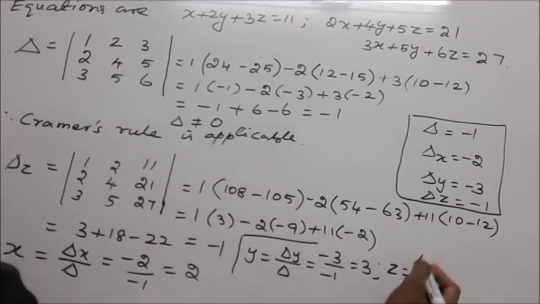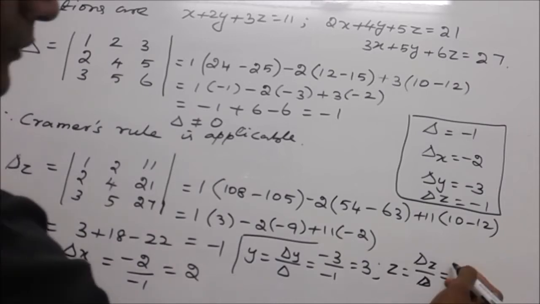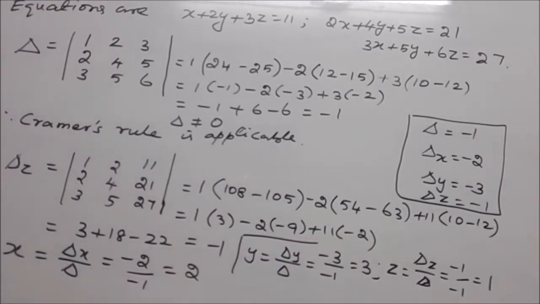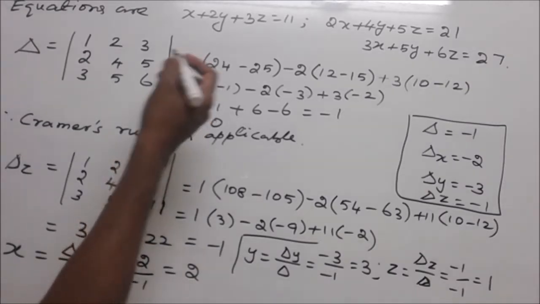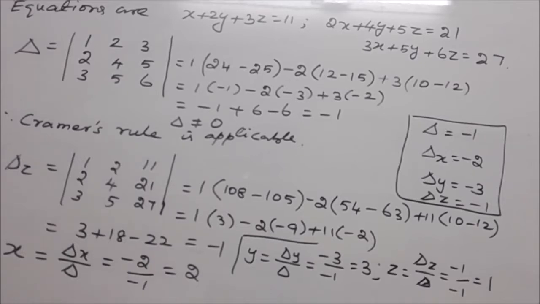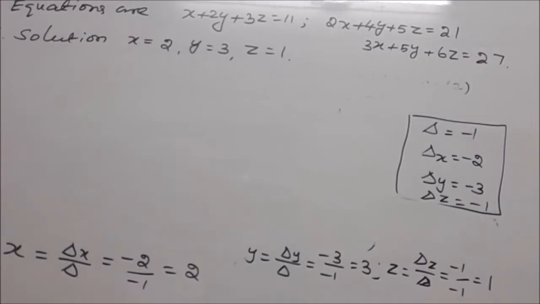And for z, delta z by delta, that is minus 1 by minus 1, equal to 1. Therefore the solution x, y, z is 2, 3 and 1. So the weights of the commodities are 2, 3 and 1.